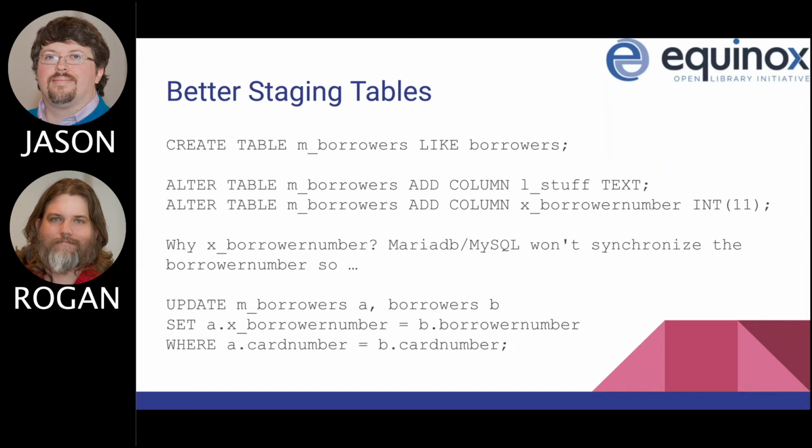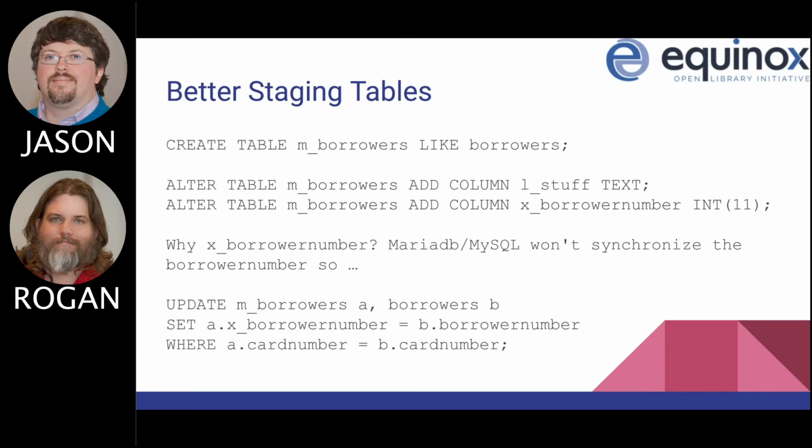So, a better staging table. Instead of manually creating a staging table, we start by creating a table like the one we want to inherit columns from. So: create table m_borrowers like borrowers. M underscore is our convention that it's a migration related table. What this will do, if you're not familiar with it, is basically create a second borrowers table with a new name.